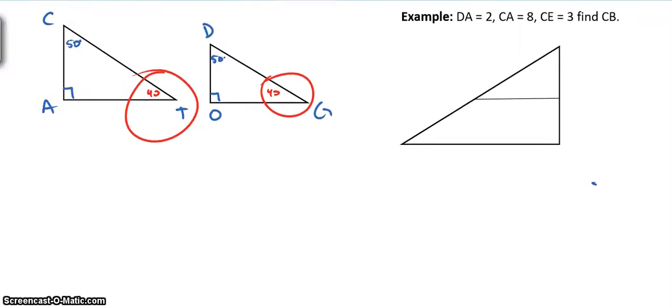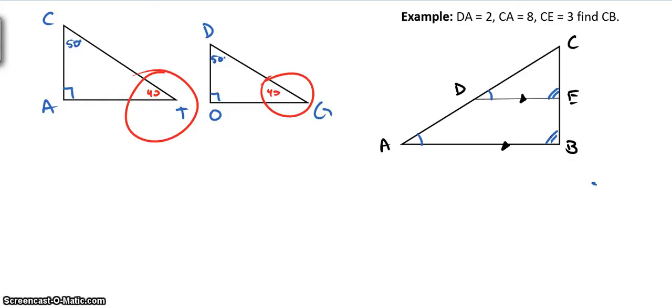So let's go into here and let's say we'll call this A, B, I'm going to go C up top here, C, D, E. Alright? And I'm going to tell you these lines are parallel here and here. So if I have parallel lines, then I know I have corresponding angles congruent.